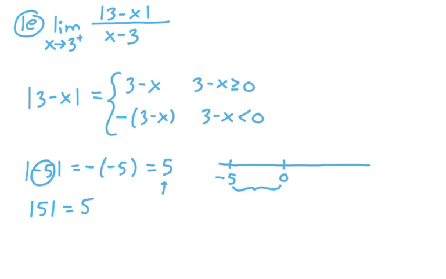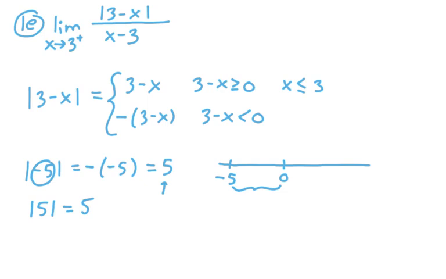And so when I have 3 minus x in absolute value, I can take away the absolute value and just write 3 minus x as long as 3 minus x is greater than or equal to 0. Another way to say that is that x must be less than or equal to 3. And then the absolute value of 3 minus x is the opposite of 3 minus x if 3 minus x is less than 0.